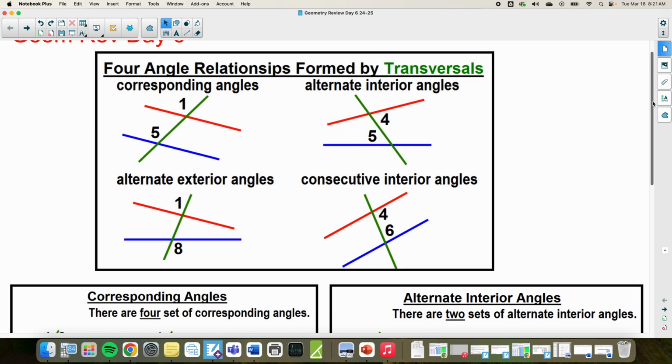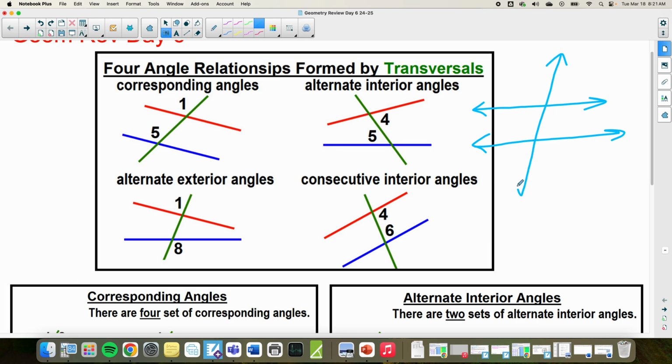So right here, what we're doing is talking about transversals and the different angles that are formed. We spent a lot of time with this during class, but I just wanted to remind you. Anytime we have two lines cut by a transversal, we made those 8 angles, which you can number in any way.